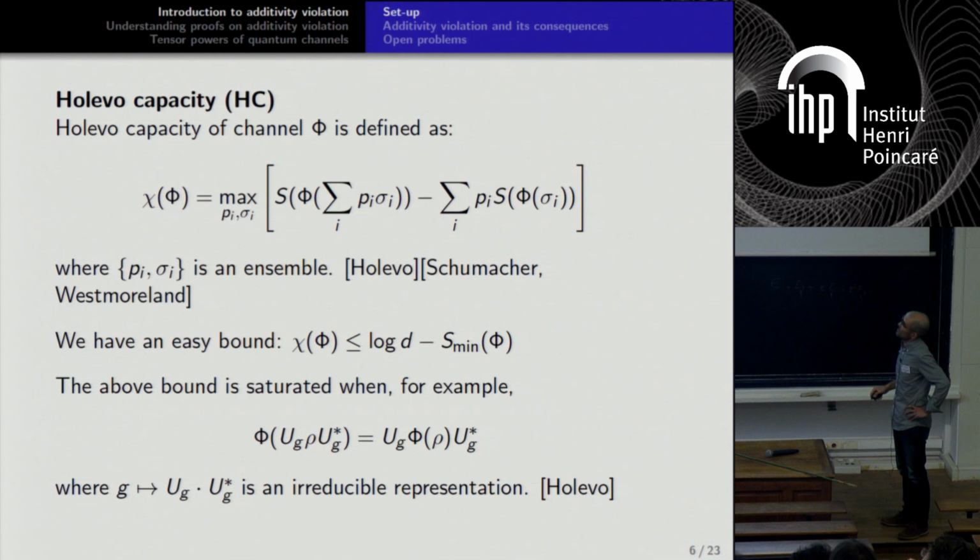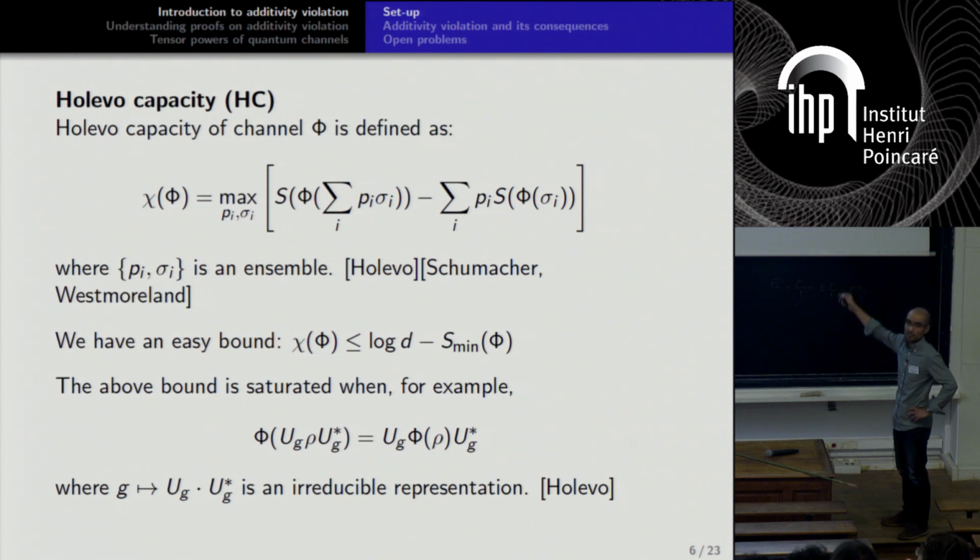Anyway, this Holevo capacity has a nice relation between the two. Here we only have an inequality, but sometimes we have equality. This is true, for example, when we have this kind of covariance property. The idea is that we want to have a maximally mixed state here.